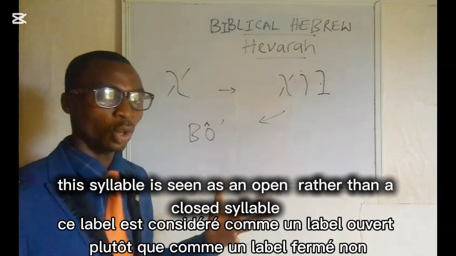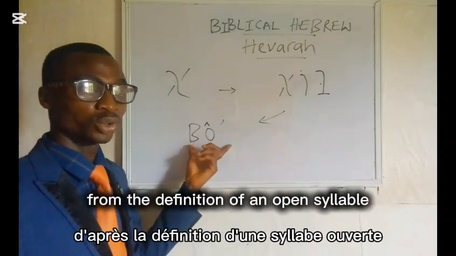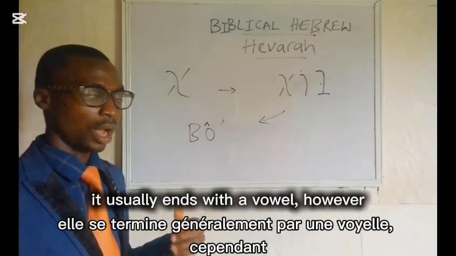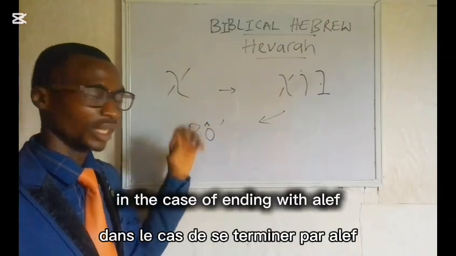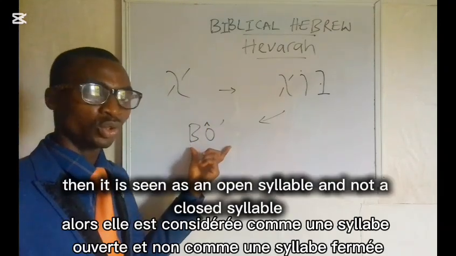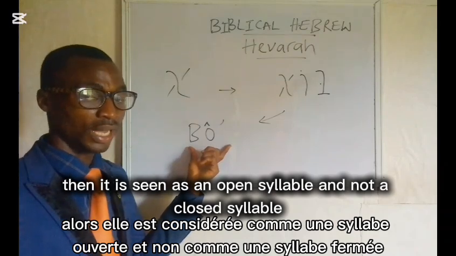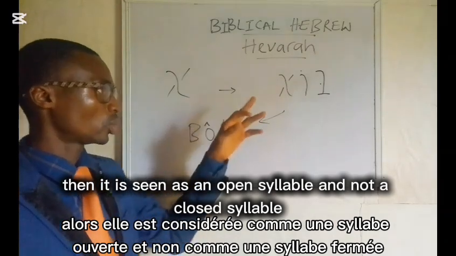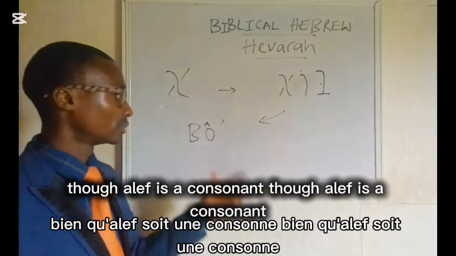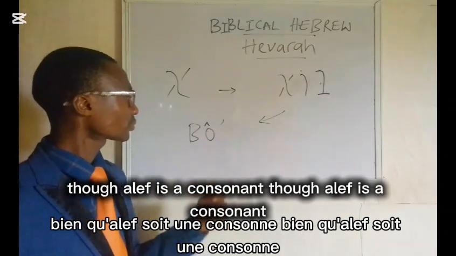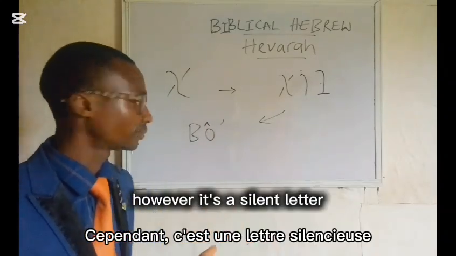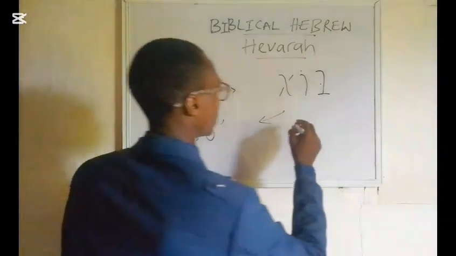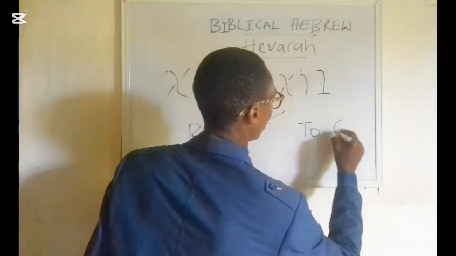From the definition, an open syllable usually ends with a vowel. However, in the case of ending with aleph, it is also seen as an open syllable and not a closed syllable. Though aleph is a consonant, it's a silent letter. This means to come.